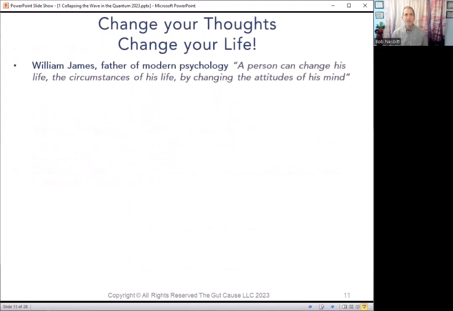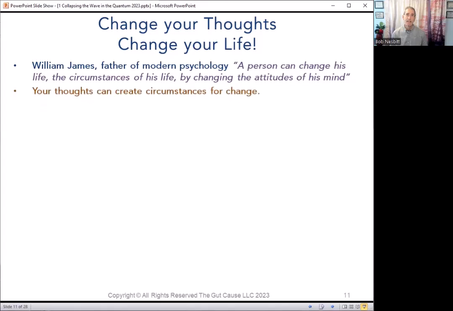One of the great philosophers, William James, father of modern psychology, was asked toward the end of his life: what has been the greatest discovery in your lifetime? Without hesitation, he answered, a person can change his life, the circumstances of his life, by changing the attitude of his mind.